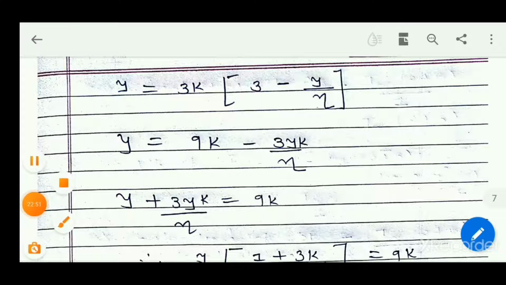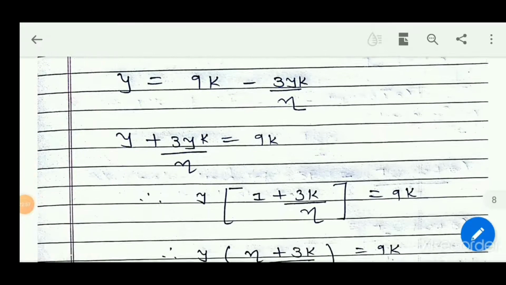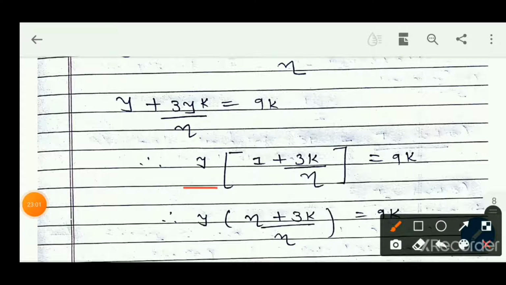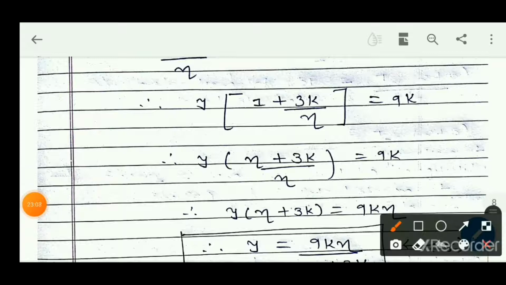So now 3k into 3 is equal to 9k, and 3k into Y is equal to 3Yk upon eta, and 9k is equal to Y plus 3Yk upon eta. So now taking Y common, we have 1 plus 3k upon eta is equal to 9k. Okay, so it's just simplification of maths. So Y eta plus 3k upon eta is equal to 9k.